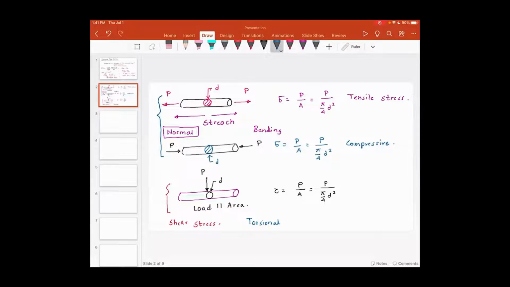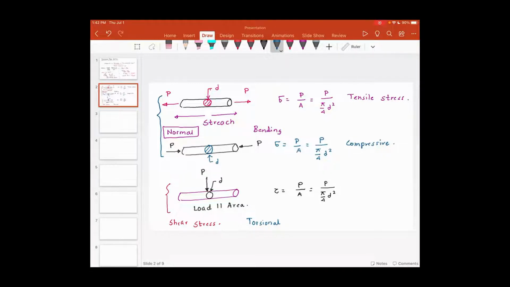Or when you look at something called the complementary shear stress, that is a shear stress. So the different stresses that you have studied so far are primarily manifestations or can be classified either as normal stress or as shear stress, with one sort of exception.